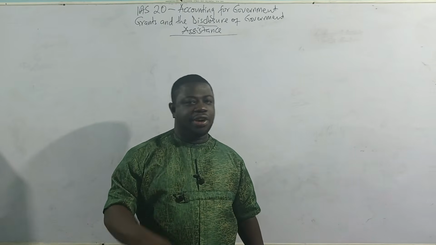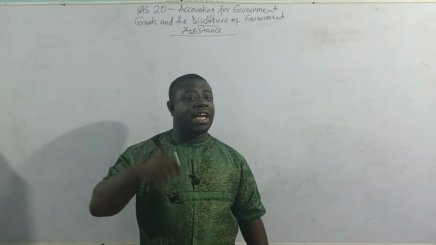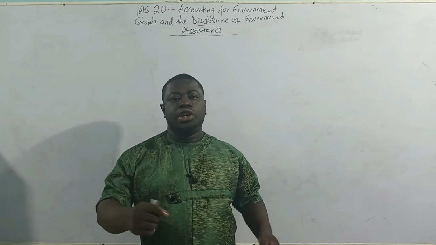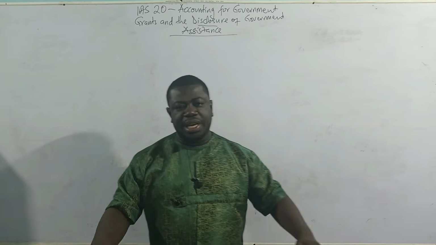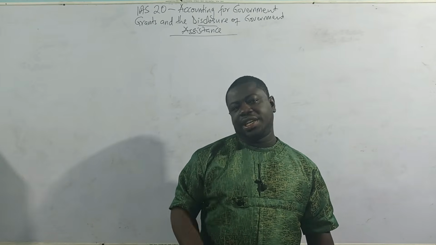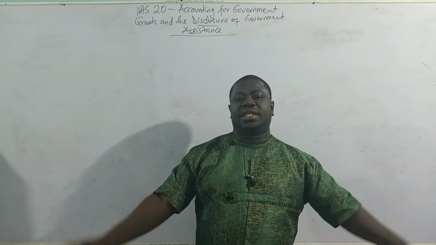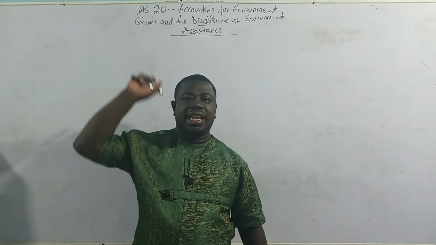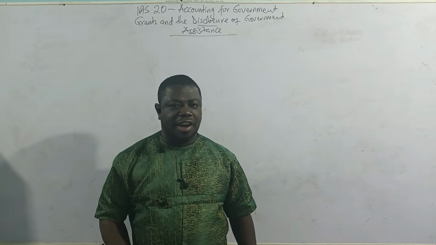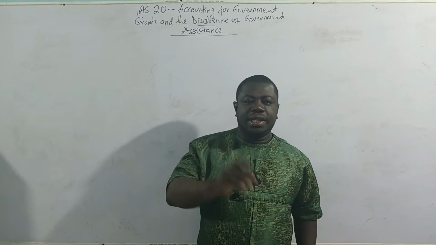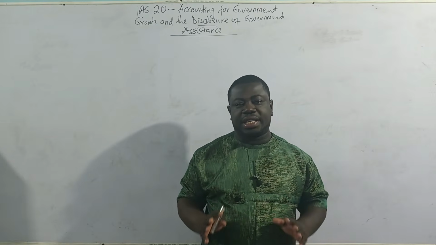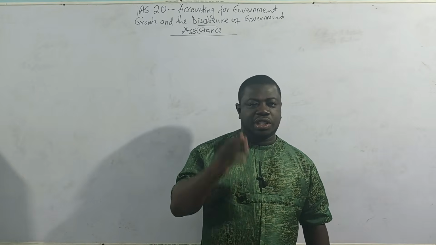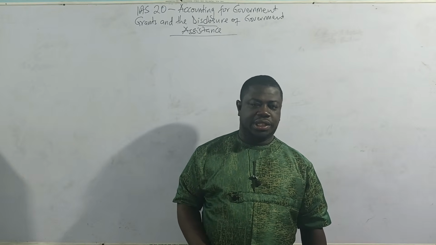And you must disclose, for example, that if the government has given you a tax holiday for a number of years, you need to disclose in your financial statement that from this period to that period, we are not paying income taxes because the government has given assistance. So all government assistance needs to be disclosed. And that is why the name is the disclosure of government assistance. And I'm sure this is very understandable for you now. And this is all that I want you to understand in this very video, the disclosure requirement of IAS 20.